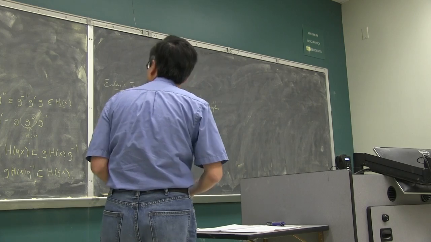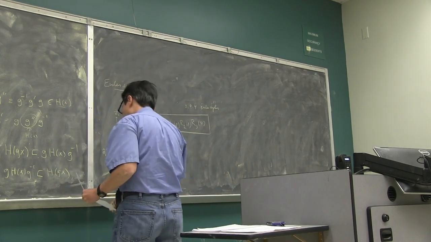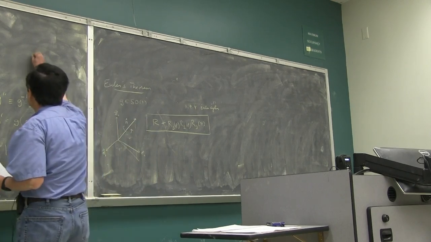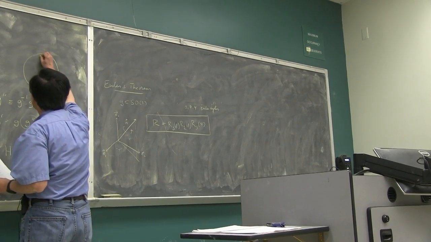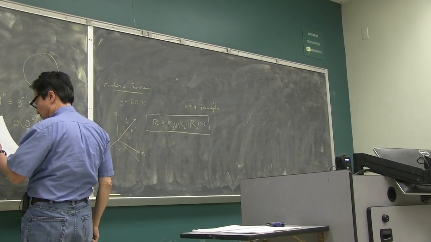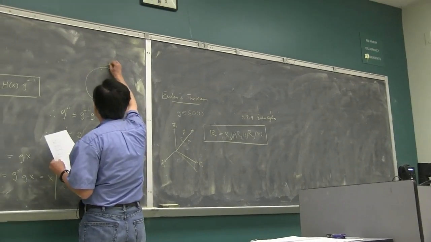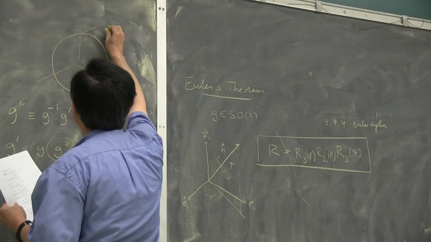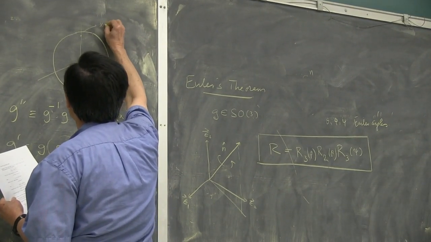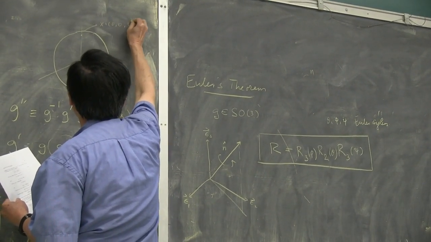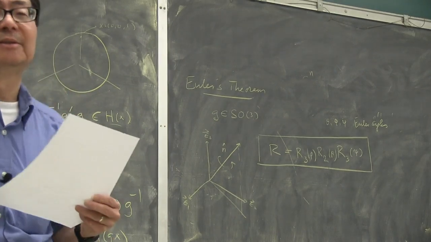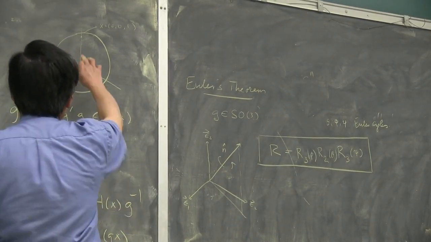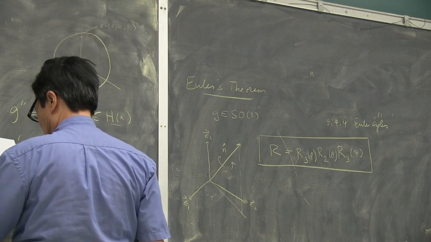So we consider some arbitrary rotation R, and we look at its action on some point, let's say the North Pole. And we're going to write using a particular set of axes. Let's say this North Pole x is the point 0, 0, 1. Consider the unit sphere. So some point on the North Pole that we call 0, 0, 1.